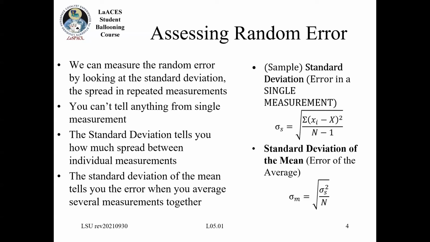If we repeat the measurement several times, we can look at how wide a spread there is between these multiple measurements of the same thing. And that's where your standard deviation comes from. But you need to have a repeated measurement to have any sense of that.